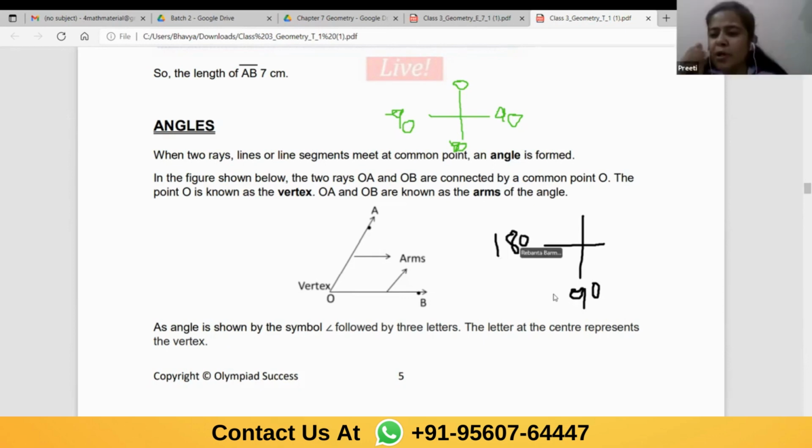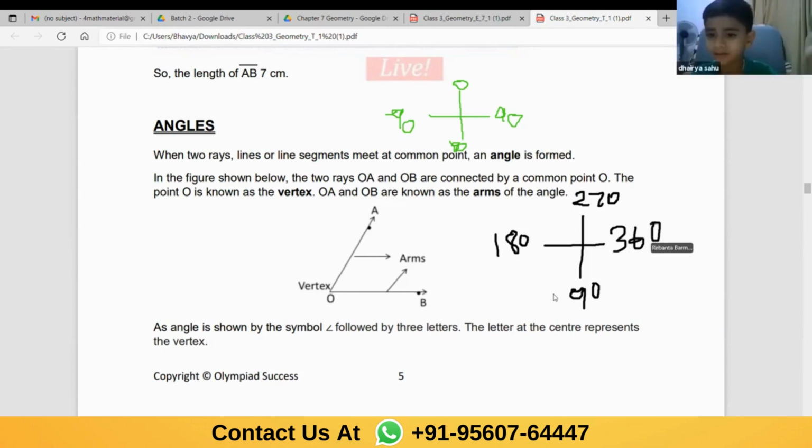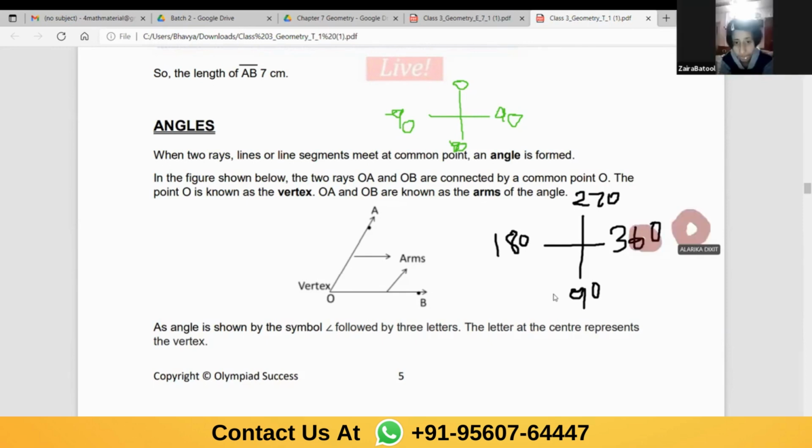So children, who taught you this cross way of putting 0, 90? Ma'am, actually I took a coding academy in my class, so I know this much about this. This is correct, Rebanta. 0 and 360 lie on the same thing because we start from 0 and once we come back, it becomes 360.